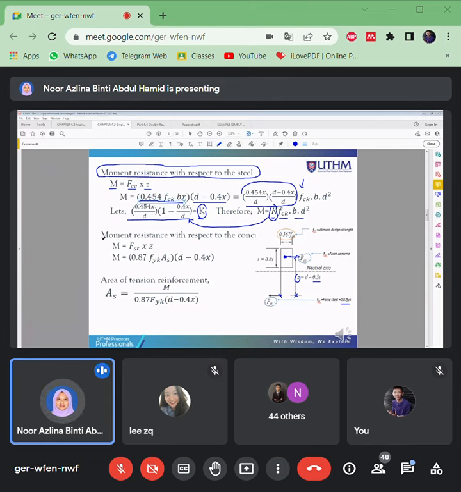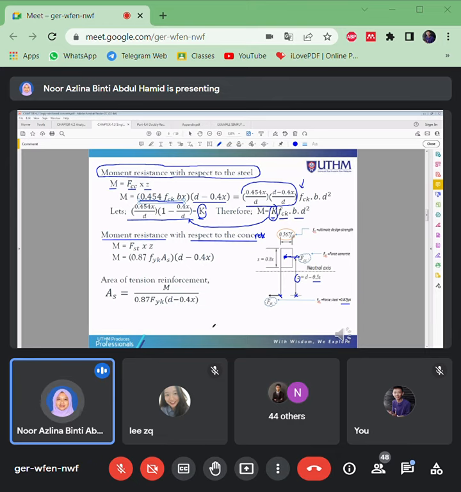We also can calculate the moment with respect to the concrete. Whether you take the moment at the concrete or you calculate the moment resistance at the steel, it still will give you the same value.